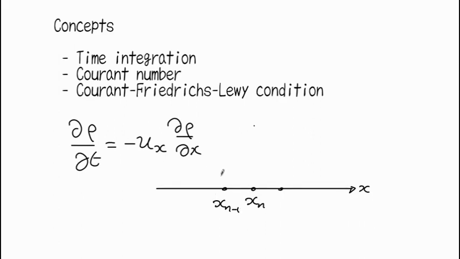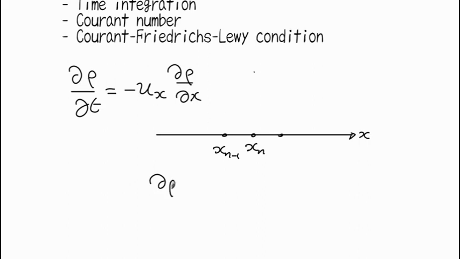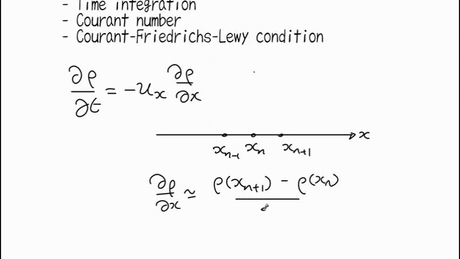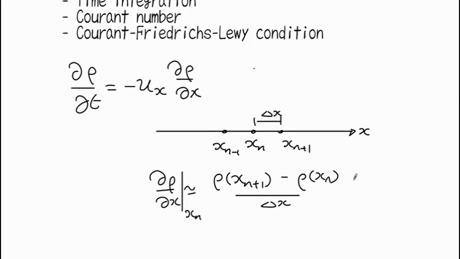And then we approximate d rho by dx as approximately rho at xn plus 1, so that's this, xn plus 1 here, minus rho at xn, divided by delta x, which is the spacing between these points here. So here's delta x. And it's essentially drawing a straight line between these 2 points to calculate a gradient. And so this is the gradient, which we're going to label as the gradient at xn, approximated like this.